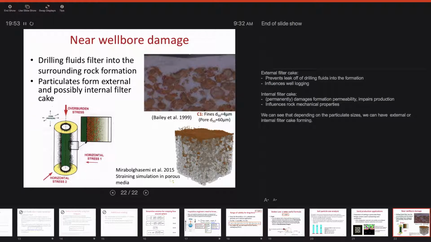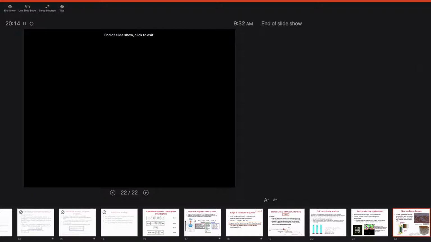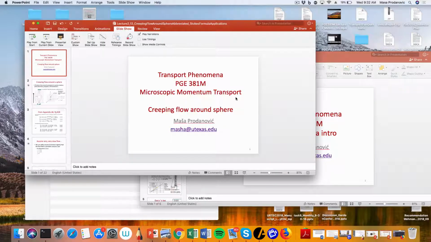Also, with any kind of logging that you do, you're actually assessing a damaged formation, not the original one. So if you're wondering about the reservoir, you're actually assessing near wellbore damage zones, so you have to have a way to gauge how much damage has occurred so you can adjust the measurements you get. So this is just some motivation about that.